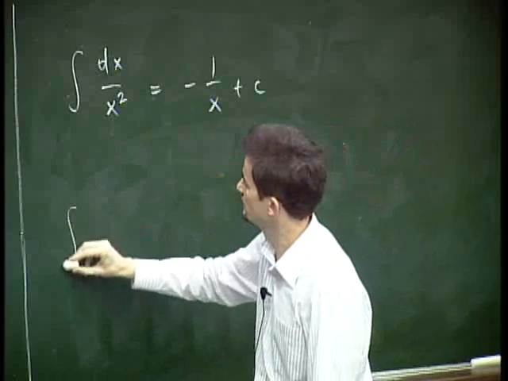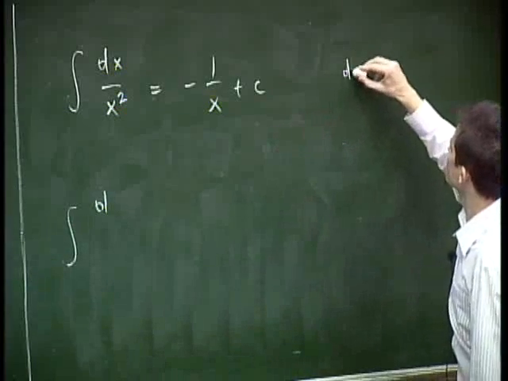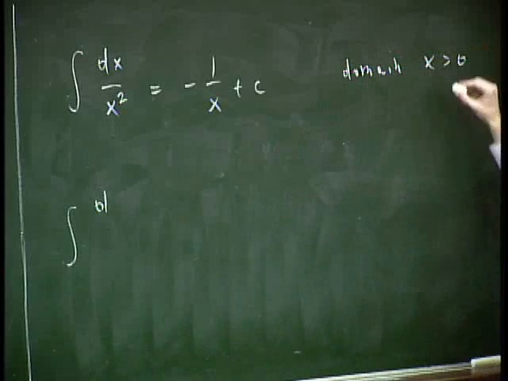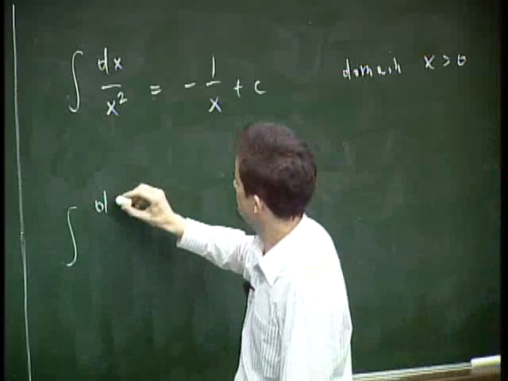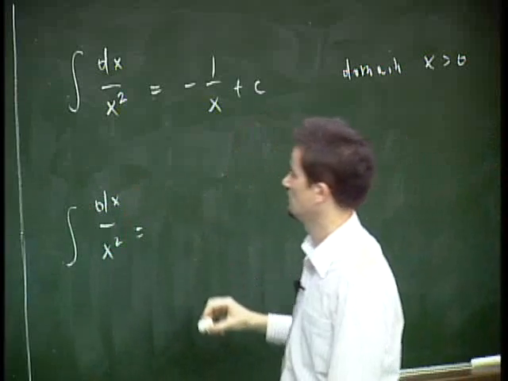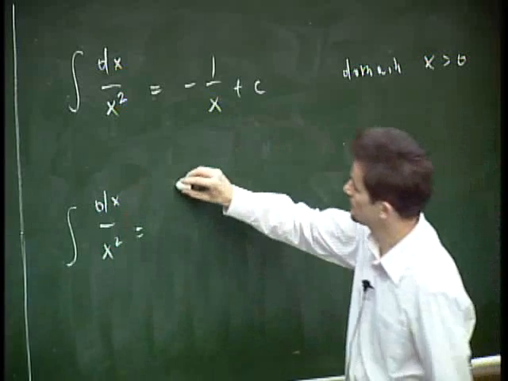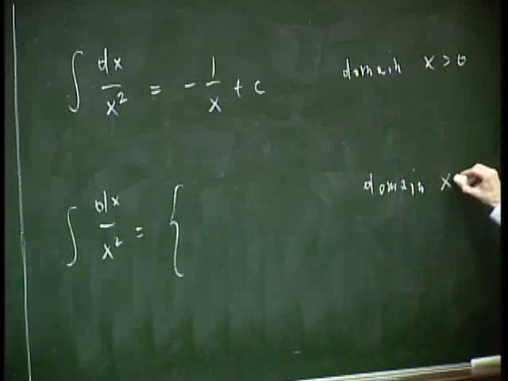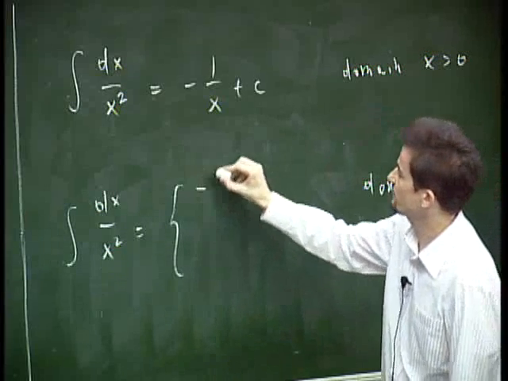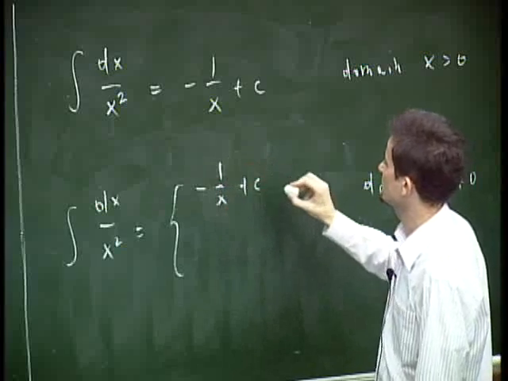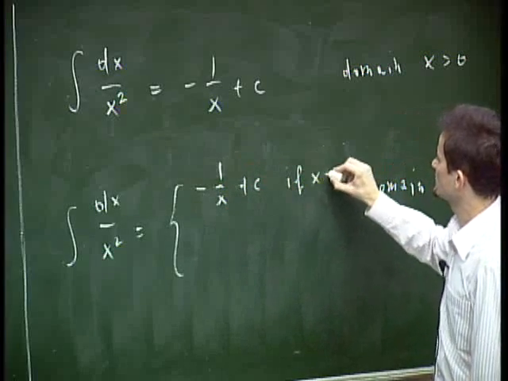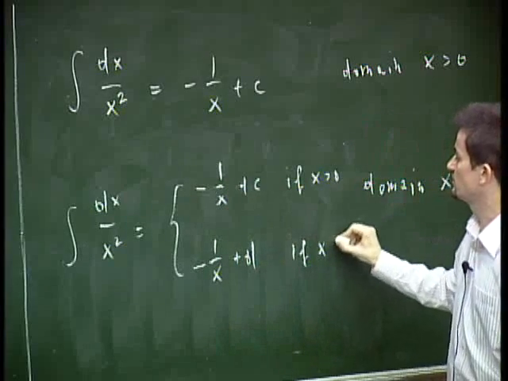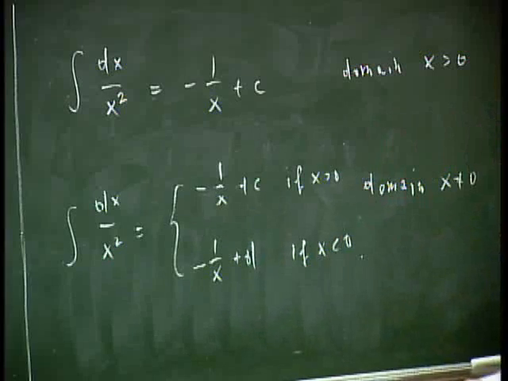This would be the domain x either larger than 0 or smaller than 0. Then the answer is a little bit different: you have minus 1 over x plus c if x is larger than 0, and minus 1 over x plus d if x is smaller than 0. It depends on the domain, essentially.